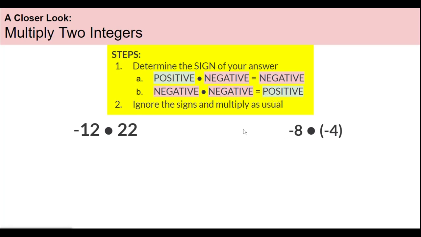So let's look at our two questions here. Before you even start, step one, is the answer positive or negative? Look at the first one. I have a negative and a positive. That's going to equal a negative.